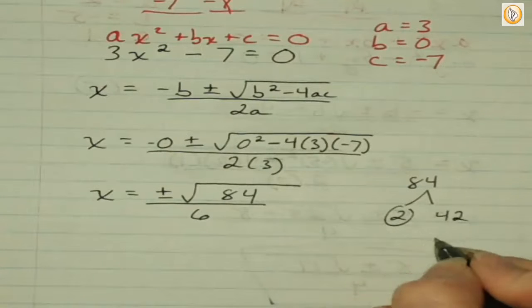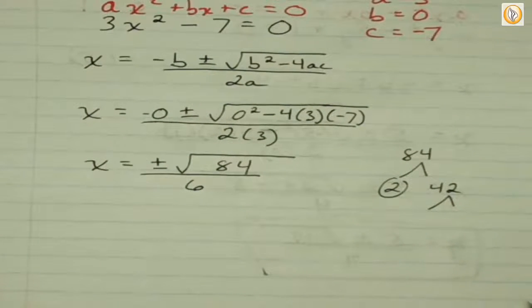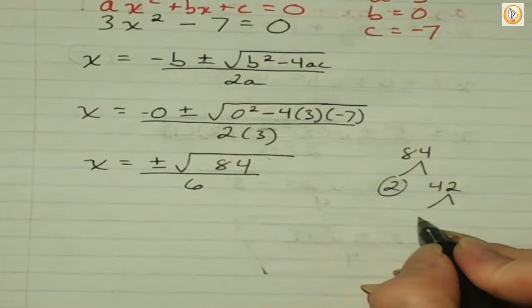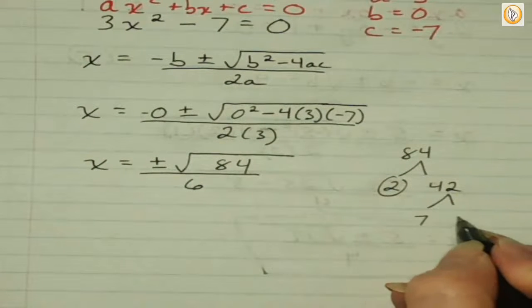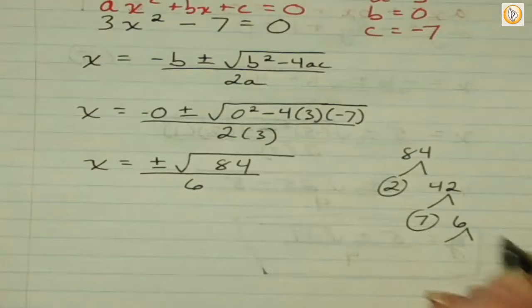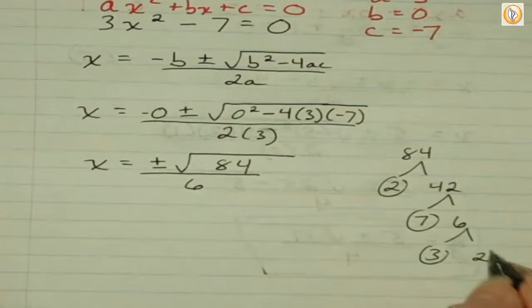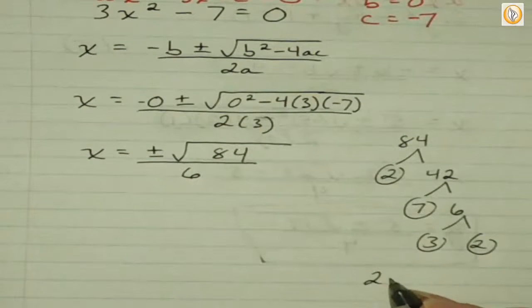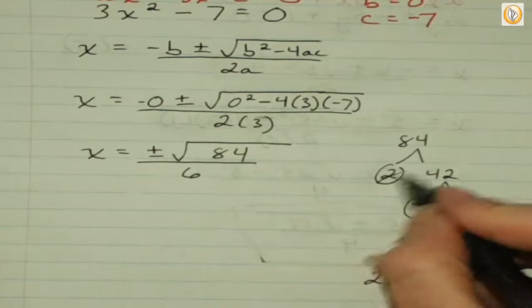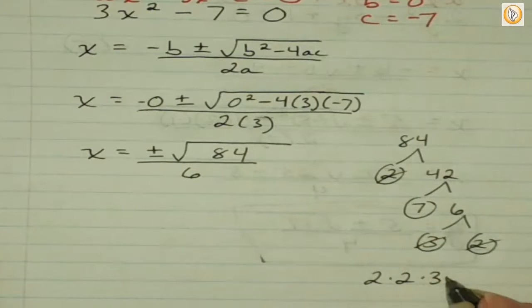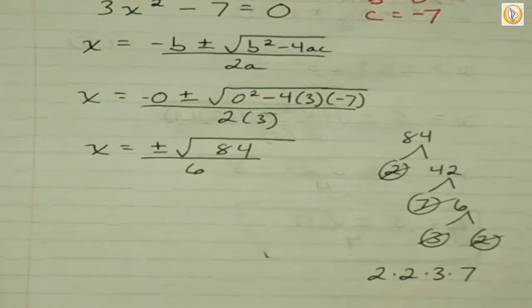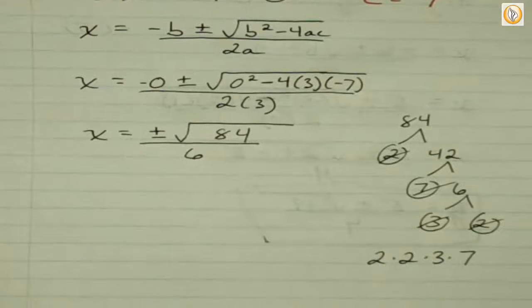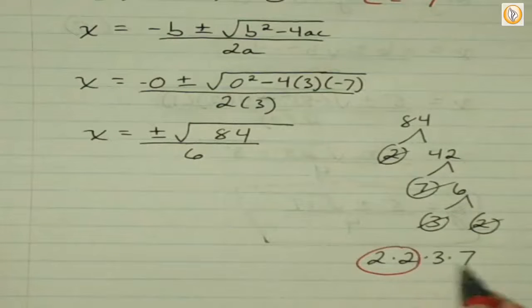That's right. And then that is 7 times 6. And 7 is prime. And then 3 times 2. So I have 2 times 2 times 3 times 7. I'm going to circle my pairs and line my leftovers.